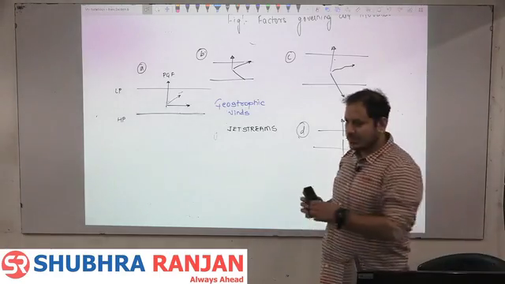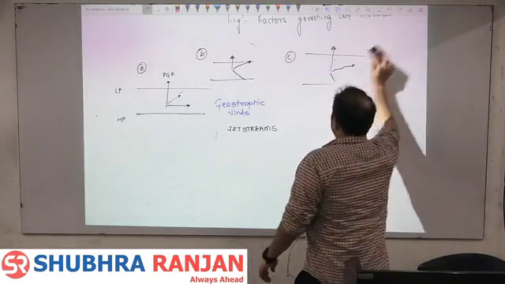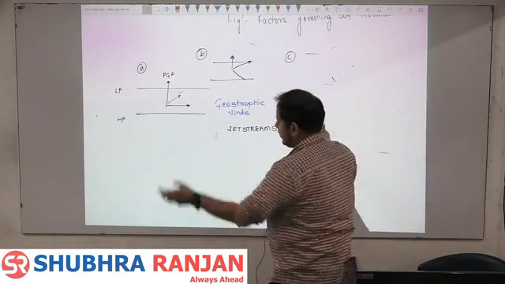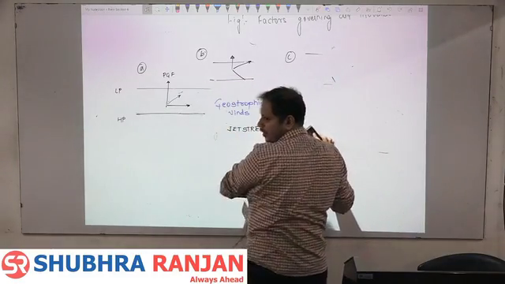But don't draw this diagram. It will come with each and every point. Point number 1, point number 2, point number 3, point number 4.